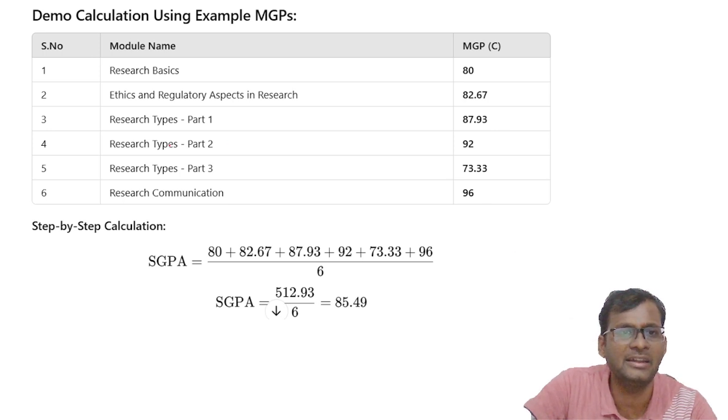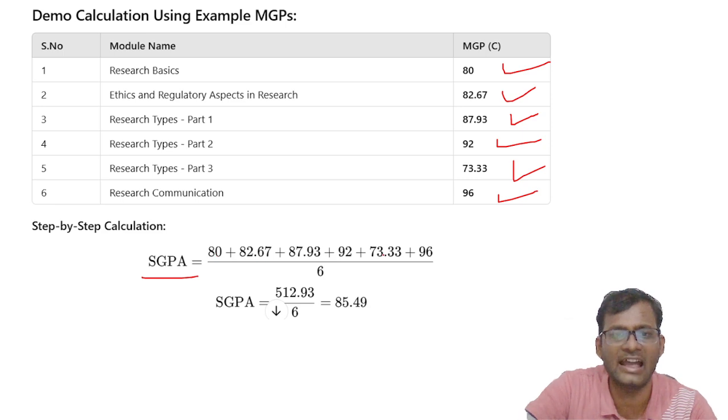If SGPA is less than 60%, the PG scholar is not eligible for the summative assessment. For example, in this demo, one PG scholar has scored 80 in the first module, 82 in the second, 89 in the third, 92 in the fourth, 73 in the fifth and 96 in the sixth. To calculate SGPA, we add all the MGPs and divide by 6, and this is the SGPA, semester grade point average.